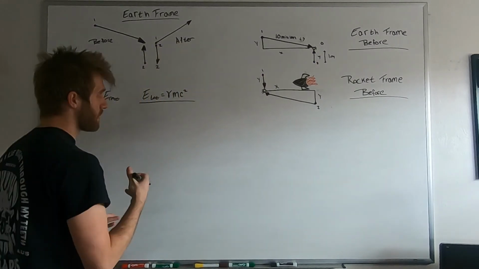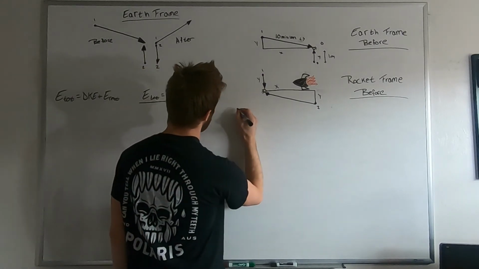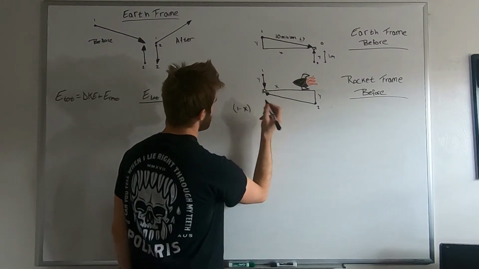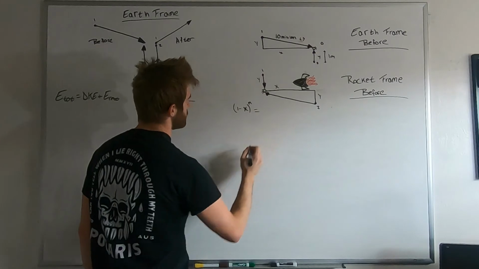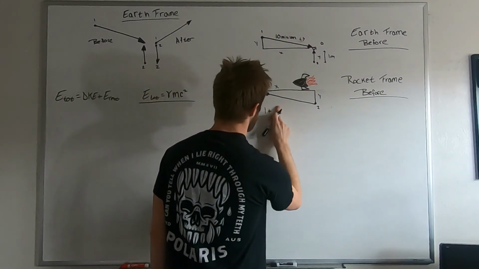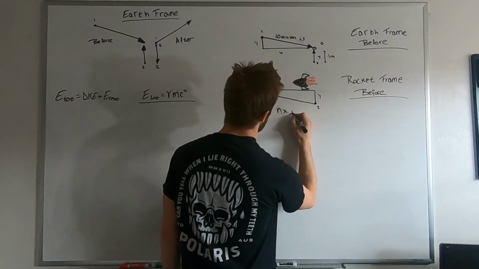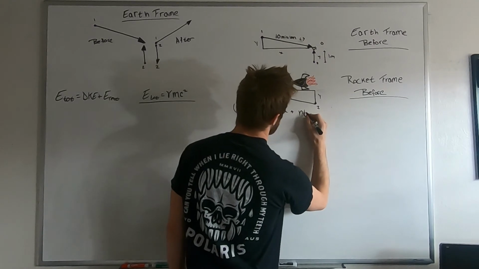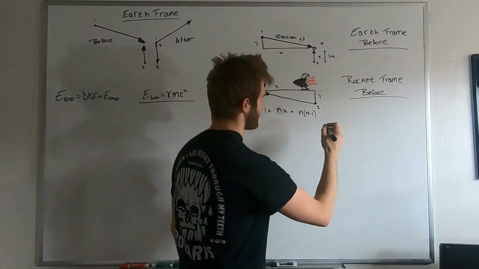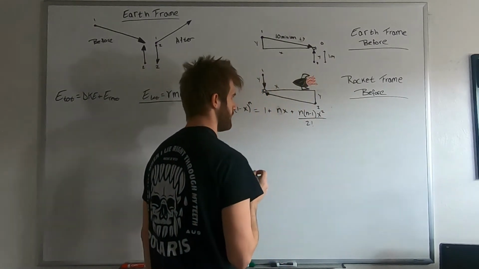Okay, so we're going to have our binomial expansion, which says that we have some 1 minus x term raised to some n value is equal to 1 plus n times x plus n times n minus 1 times x squared over 2 factorial, right?